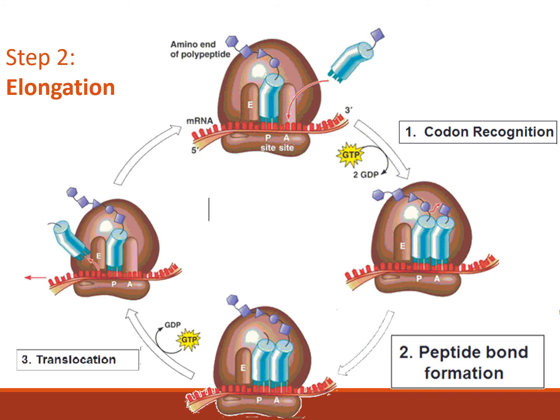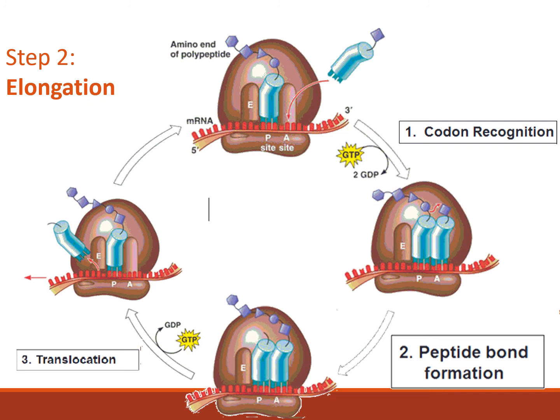Then everything will shift over. So that transfer RNA that was in the P site will then go into the E site for exit, and it will exit the whole complex and go pick up some more amino acids of whatever it was carrying. The messenger RNA moves with it, which means so does that transfer RNA that was attached at the A site.